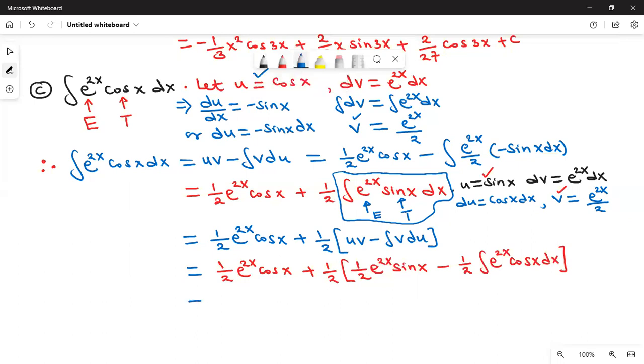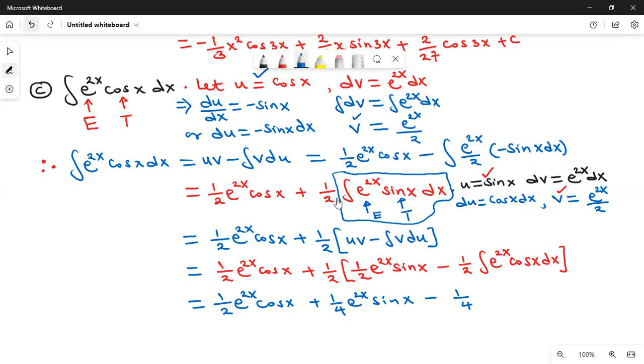This is equal to 1 over 2 exponential 2x cosine of x plus 1 over 4 exponential 2x sine x minus, this will now be 1 over 4, now the integral.